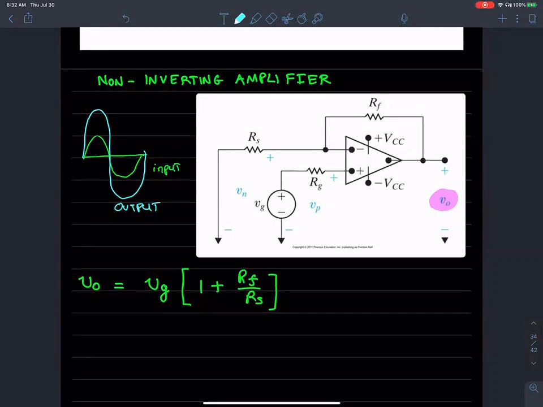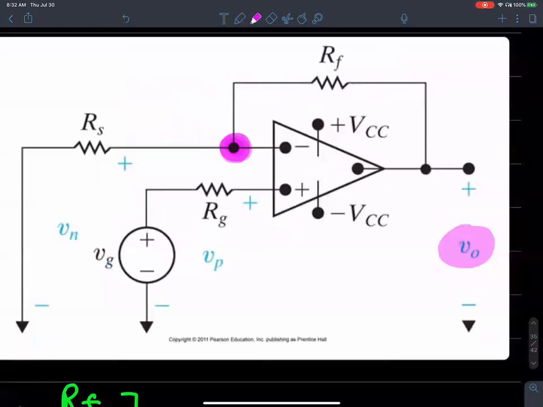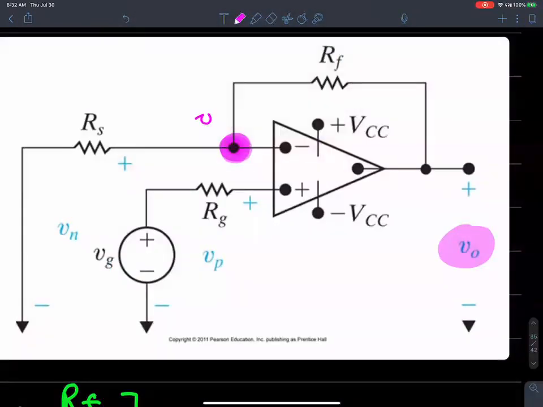Let's do the analysis for this circuit. Like we did in the previous example, I'm going to call this node Vn, and this one Vp.